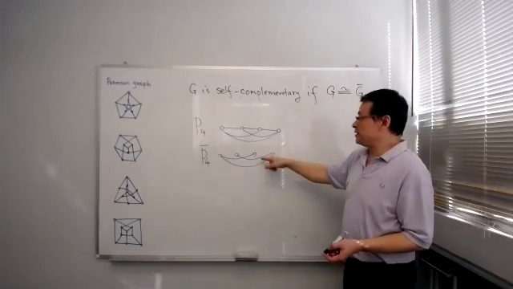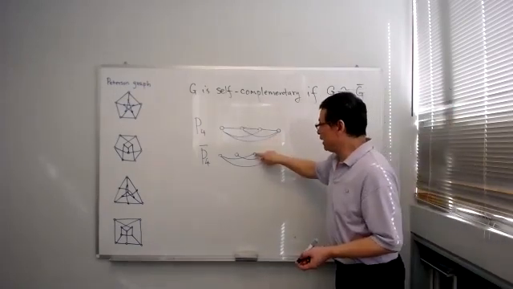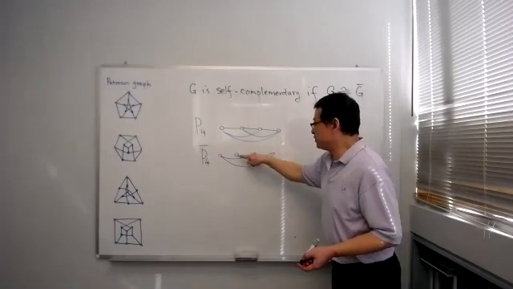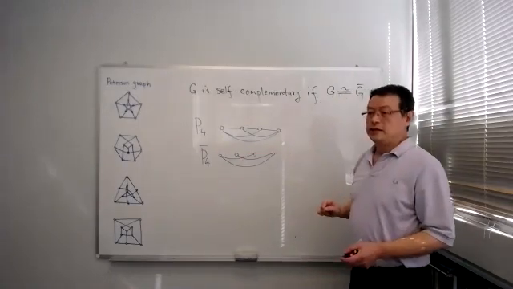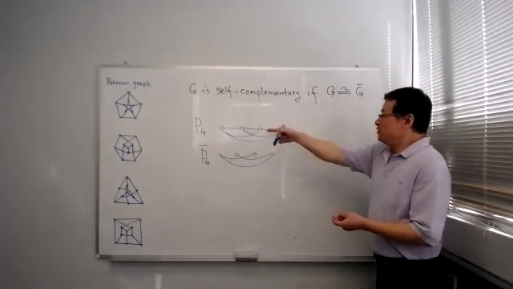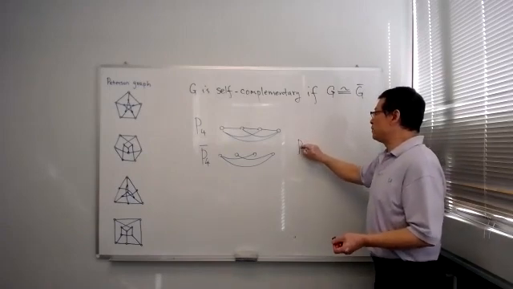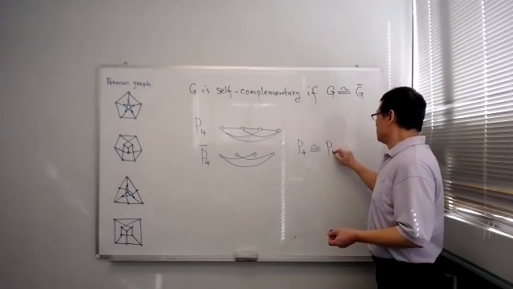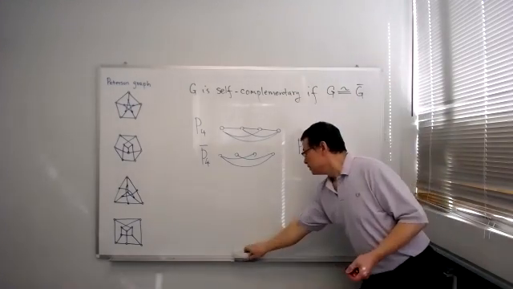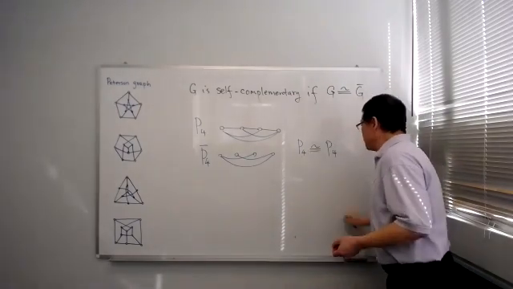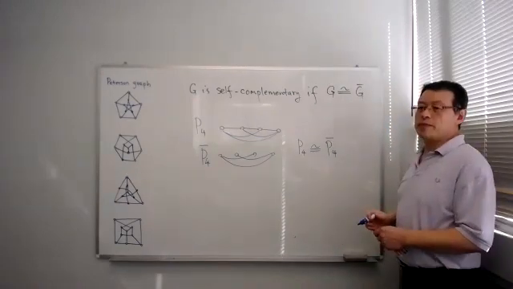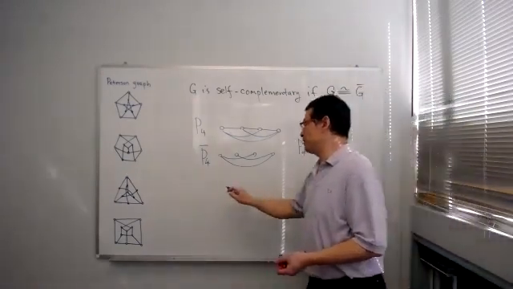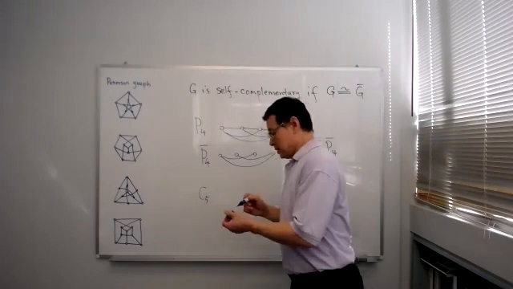Of course, this one is exactly the same as a P4. So one goes this way. Therefore, P4 is isomorphic to its complement. So P4 is self-complementary.